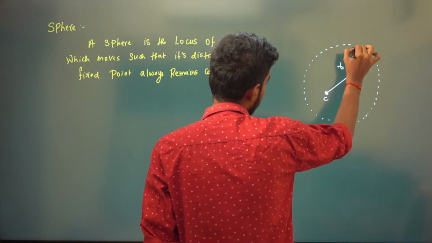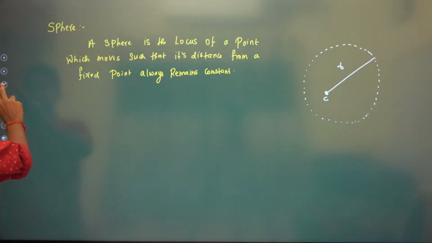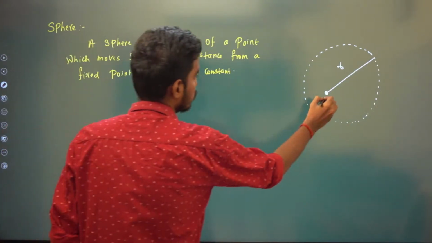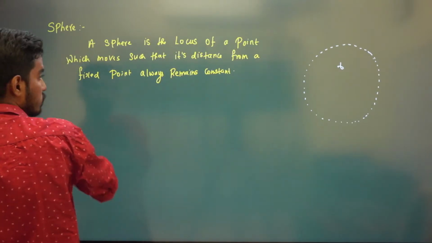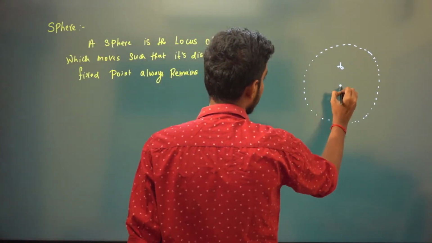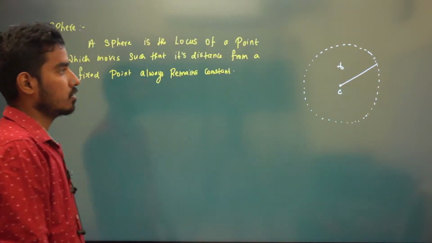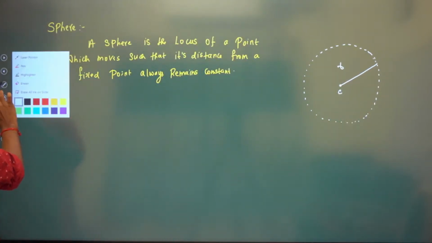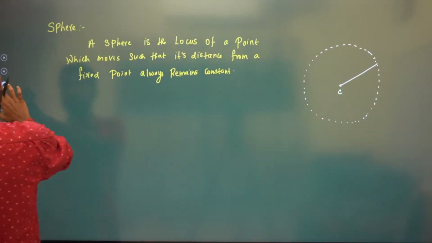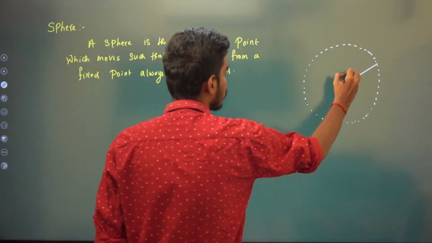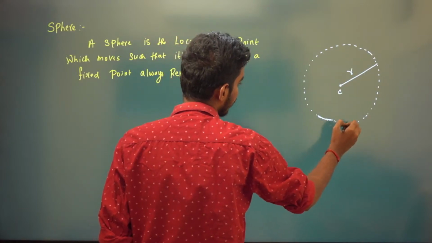Same for a sphere also, right? So whatever point you take, this is the locus. Locus means the set of all points that satisfy some condition, right? So these are the set of all points, right?